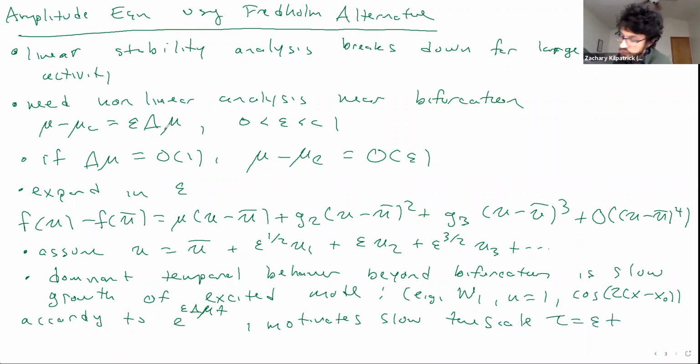Now remember, we're close to the bifurcation, so that means the eigenvalue is only going to be of order epsilon, okay? So that means that these changes will happen slowly, so that's why we can use the method of multiple scales now, okay? So we have a slow time scale, we have this expansion in mu1, okay? We can sub this into the neural field equation.